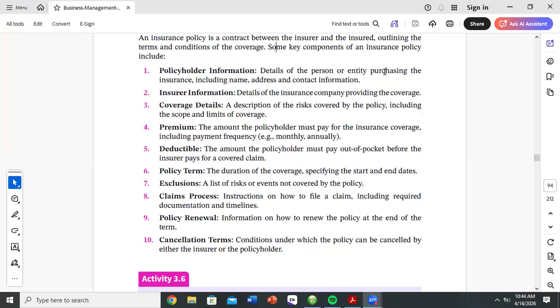Number 5, deductible: the amount the policyholder must pay out of pocket before the insurer pays for a covered claim. Okay. So do you understand this deductible? Can you explain further, Josephine? What does it mean?